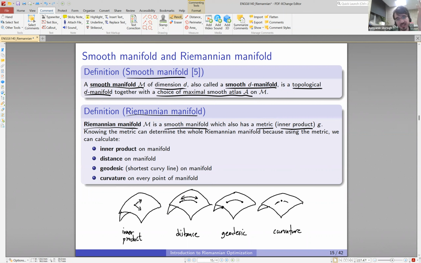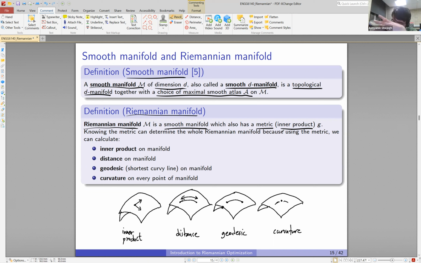So you can calculate the inner product or dot product of these two vectors, and that's defined by the metric on the manifold. So a Riemannian manifold is a smooth manifold with some metric, some inner product.